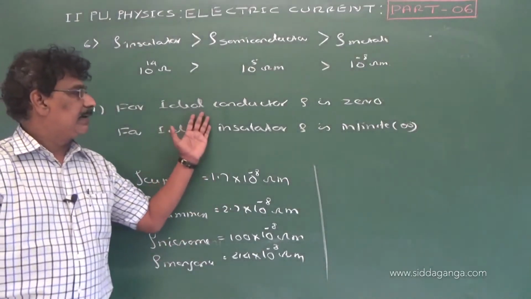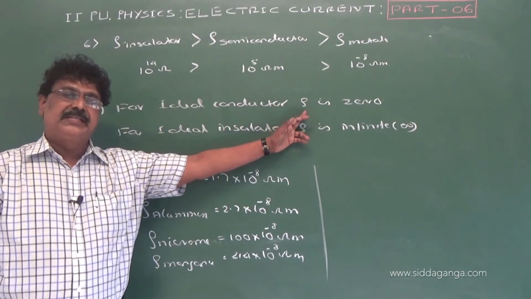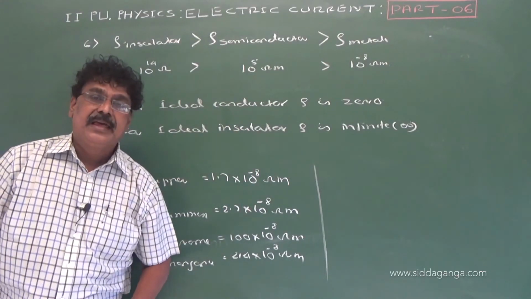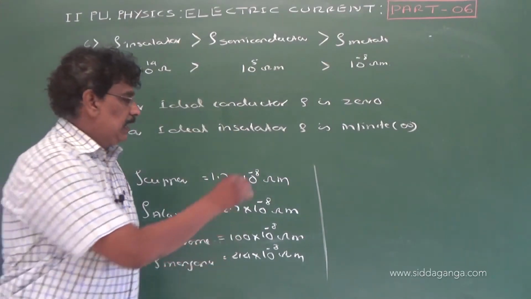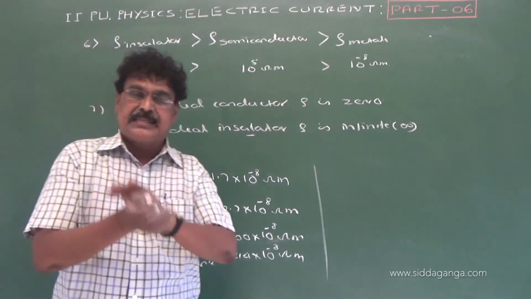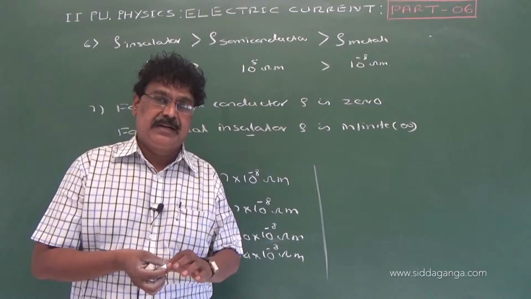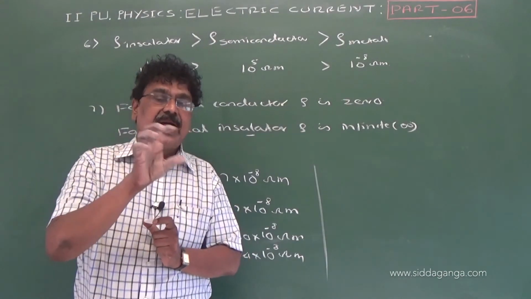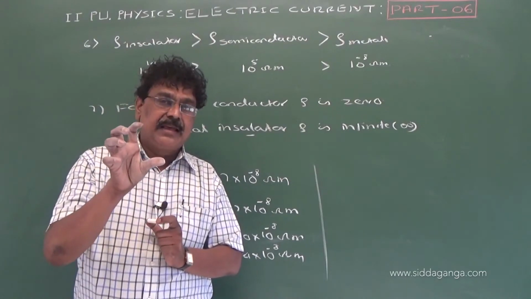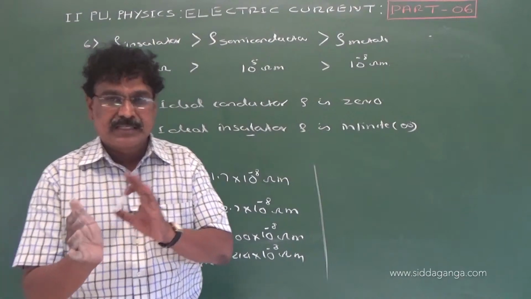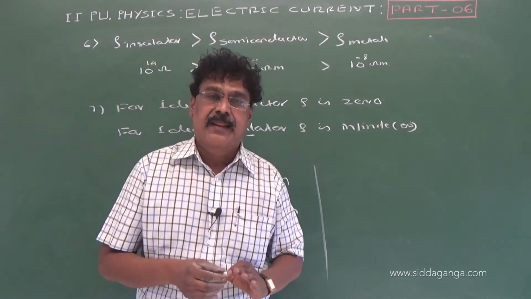For an ideal conductor, resistivity is 0. For an ideal insulator, resistivity is infinity. That's all about resistance and resistivity. You should have a clear idea regarding the concept of resistance and the concept of resistivity.